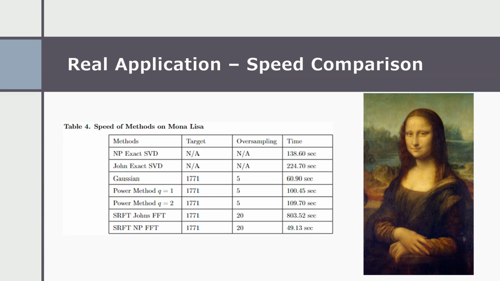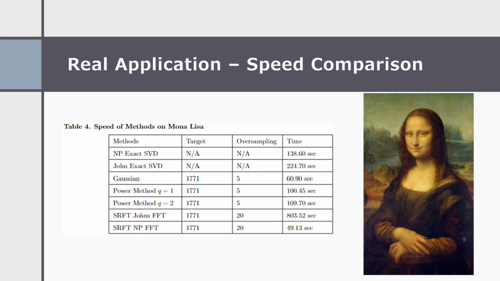So, for my real application speed comparison, I tested the truncation speed of a full rank matrix. That's an SVD truncation. I chose the most famous matrix I could think of, the Mona Lisa. This is a high-res image, and because there are 3 colors in the image, these methods have to be done on over 130 elements.